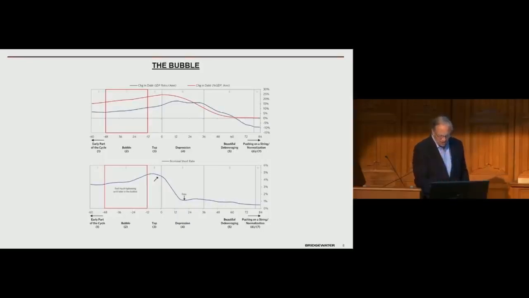And so you can see that red line is in the vicinity of 20%. In other words, debt is growing at a very accelerated pace. And the change in debt minus GDP is still rising at something like a 10% pace. And so you can start to see these bubbles emerging.